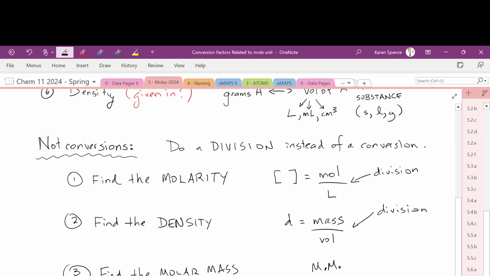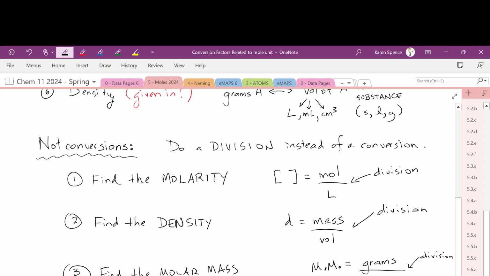Molar mass is equal to, what's the unit of molar mass? It's grams over moles. So you will take your grams and you will divide by the moles. Okay, so we're adding in one more division.